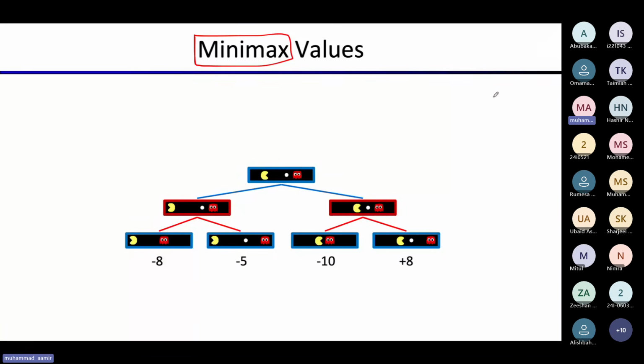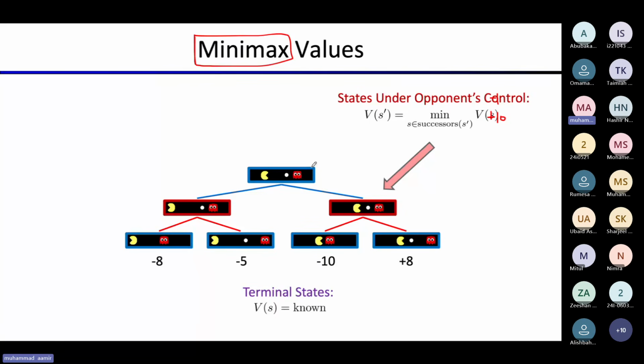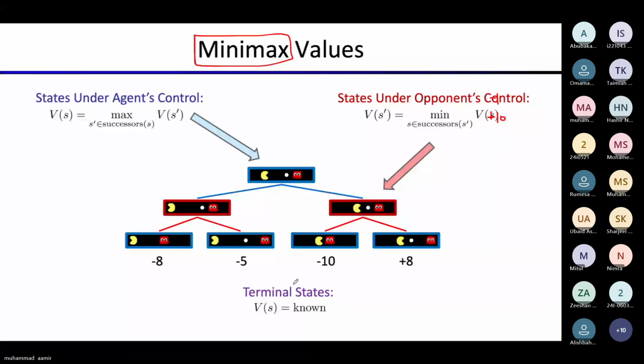Each move costs -10. One white pellet is +10. So on the basis of this, you can calculate these scores, and you can apply the simple Minimax algorithm on it, and you will be able to get these values. So the max is the Pac-Man's control, and the min is the opponent's control, and the terminal states are the final states which have the scores.